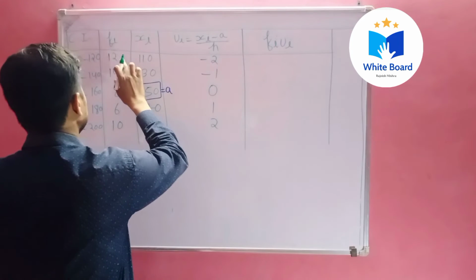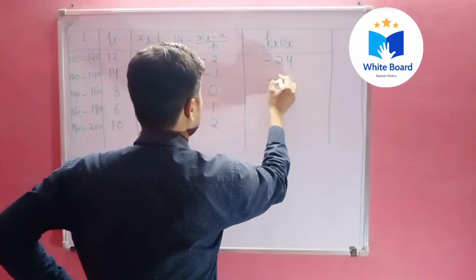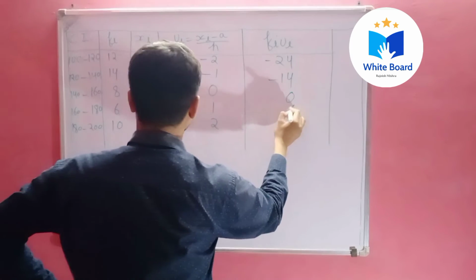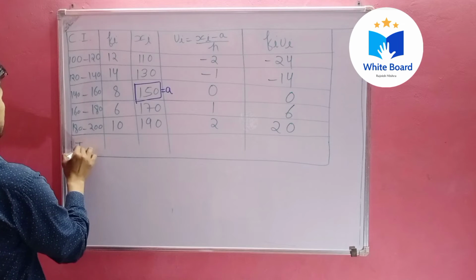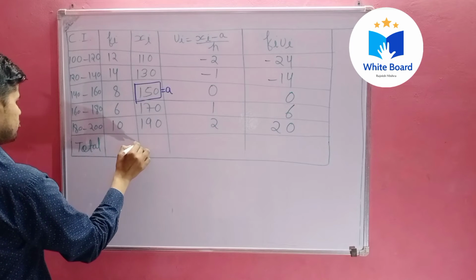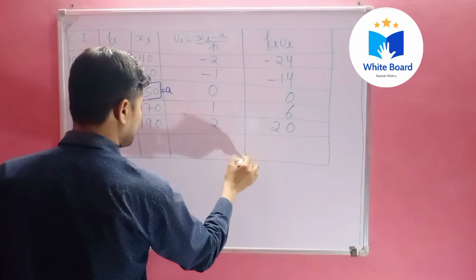Now fi ui, that is 12 times minus 2, minus 24, minus 14, 0, 6 and 20. Now we find the total of frequency and the total of fi ui.